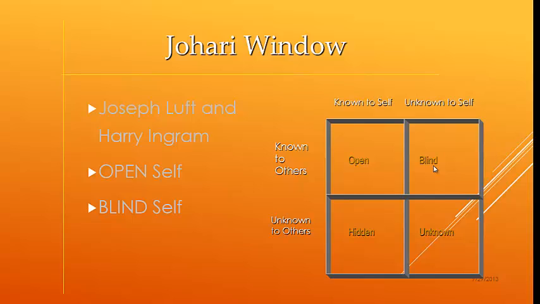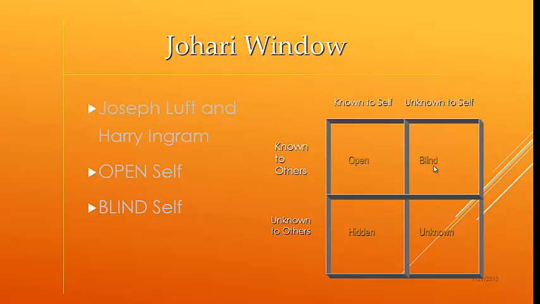Again, we can kind of have some fun with this. I smell badly. But again, I am not aware of these things, but my audience is. And so again, you can see where the blind self connects with the looking glass self, where people would be reacting to me and who I am.